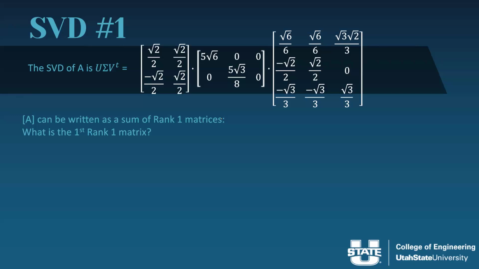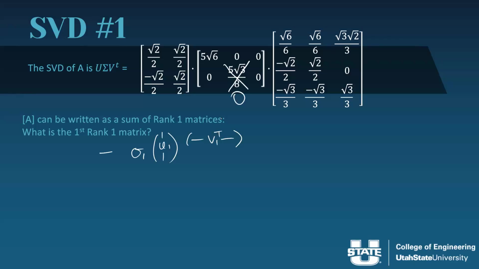You use the same process. One way is to take your dominant singular value, multiply it by the first column of your U matrix and the first row of your V transpose. Additionally, you can just make the other singular value 0 and multiply the 3 matrices out, and you'll get the same thing either way.